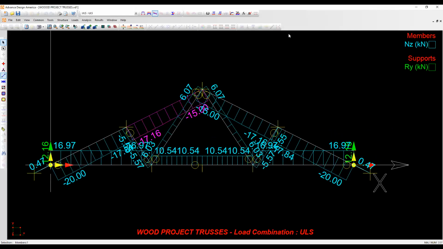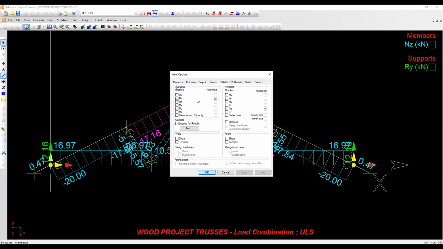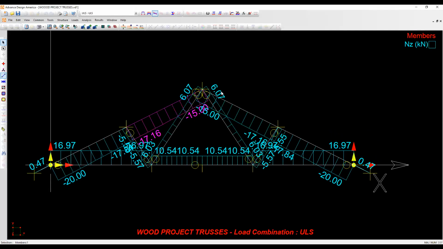Yes, I got exactly like you. So if I go to view options, I'm on FX. I get 6.07. But the funny thing is, I redid the whole thing again, and I get a whole different result.